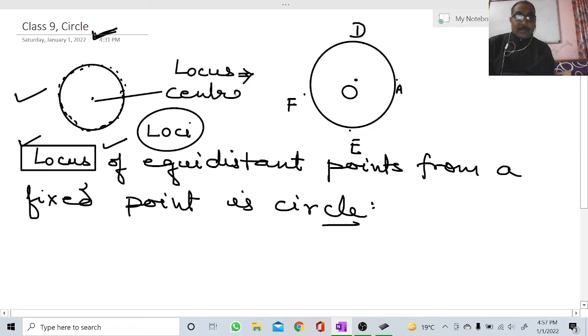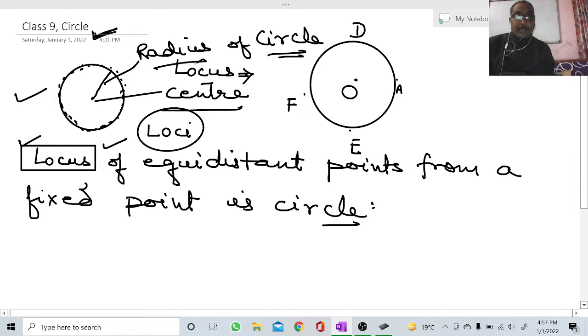This is termed as center of the circle, and the fixed distance, the constant distance, is called radius of the circle. Clear? Center is the fixed point and radius is the fixed distance. So, OA can be said radius and O is a center of the given circle.